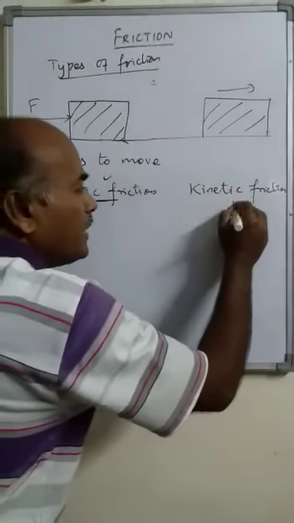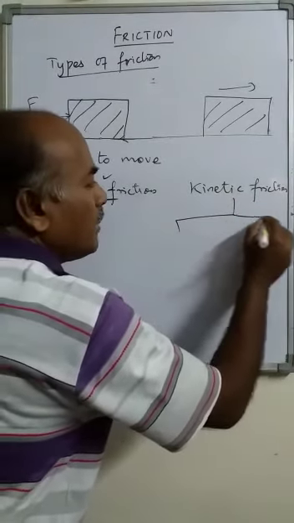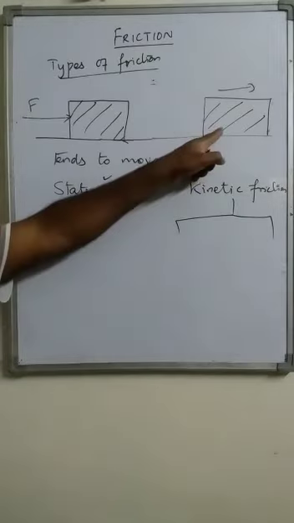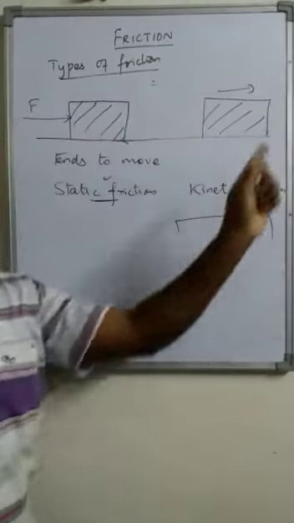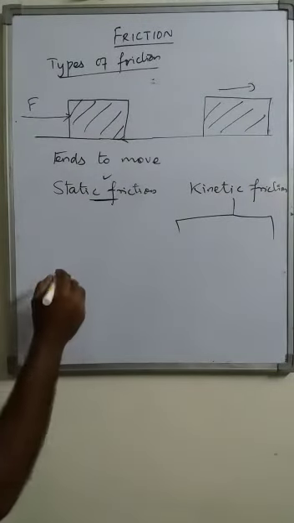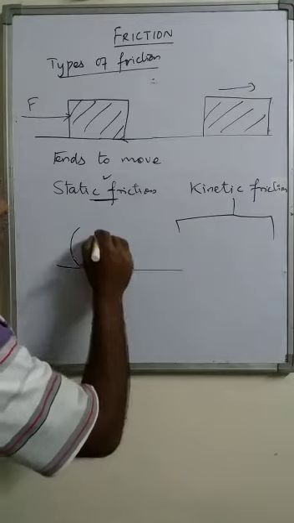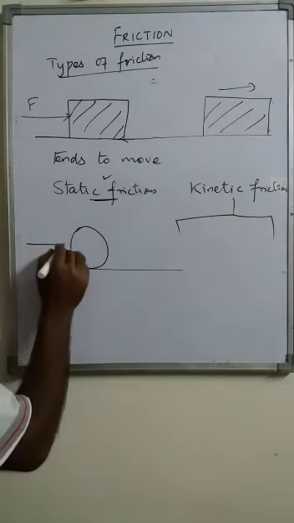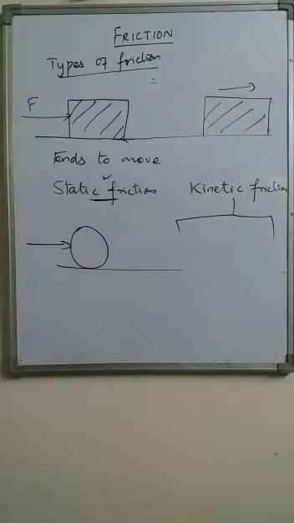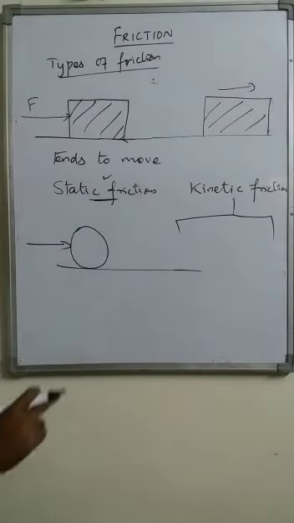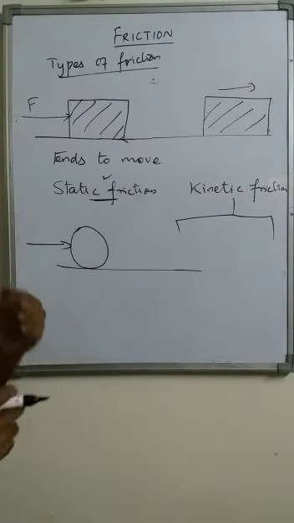And the kinetic friction is once again divided into two types. Here you see the block is moving. Then if we take a ball, if we kick the ball by applying force, the ball comes in motion, but it moves in two ways.